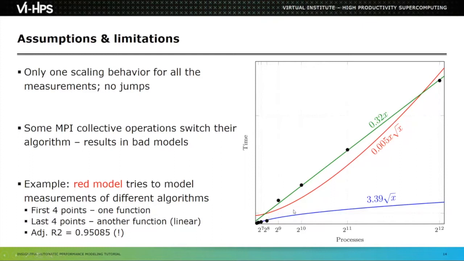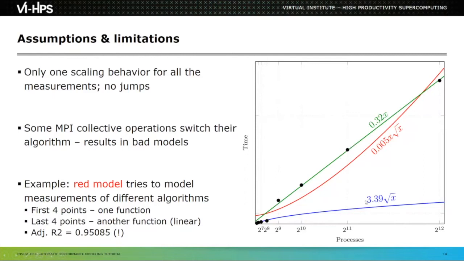So here on the right side in this plot, basically you can see this. The black dots here are our performance measurements representing time in this example. And as you can see here clearly, from 2 to the power 9 processes, something's happening because the scaling behavior of our kernel is clearly changing.